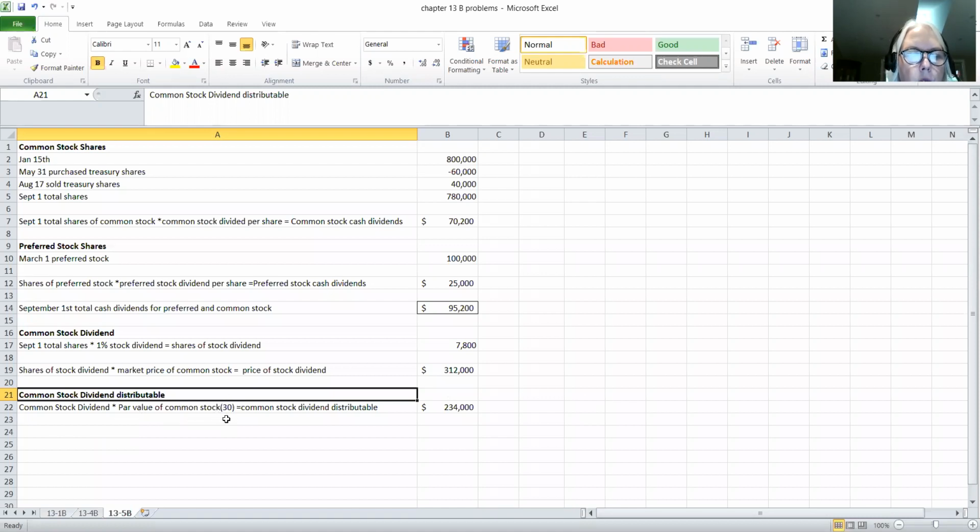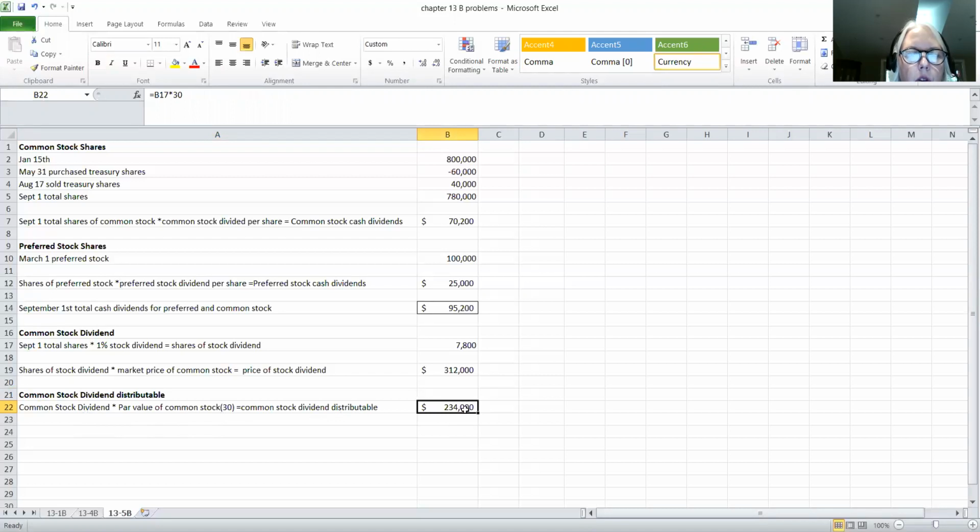It came up to $30 for the par value. So the par value times the number of shares in the stock dividend will give you the amount of the stock dividend distributable. So we're going to take 7,800 and multiply it by $30, and that will give you $234,000.